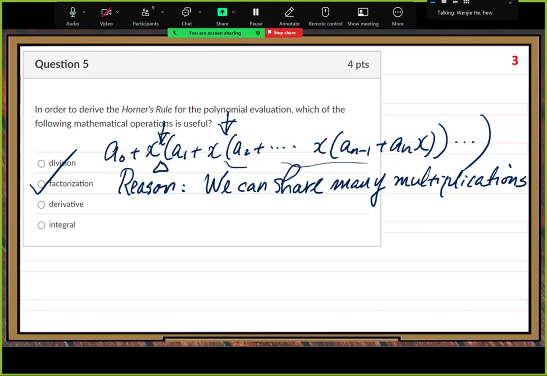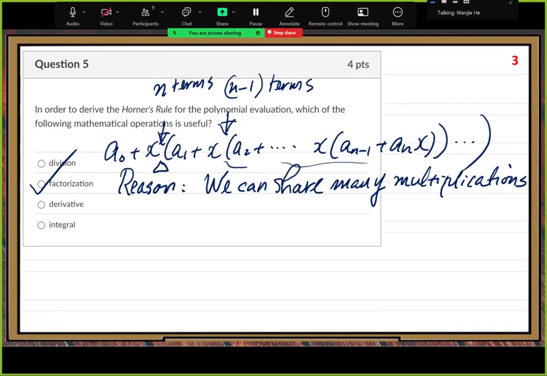So this one covers, let's say, n terms. This one covers n minus 1 terms, and so on. The next one, n minus 2 terms. So you can see that's the reason we have that efficiency.